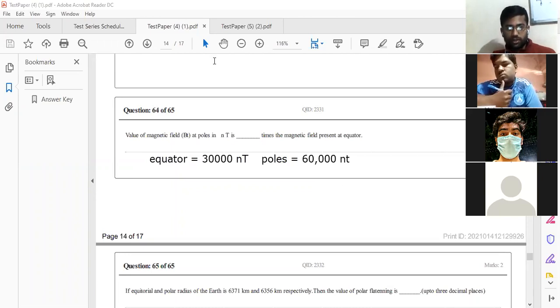Now बताओ कितना रहेगा? Value of magnetic field at pole is 2 times the magnetic field present at equator.